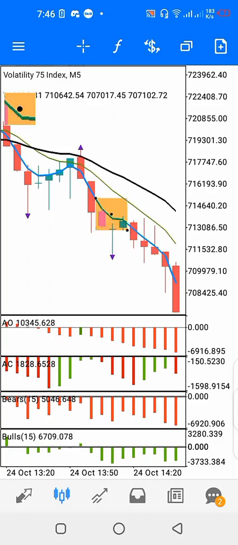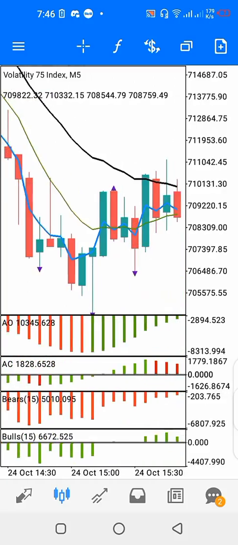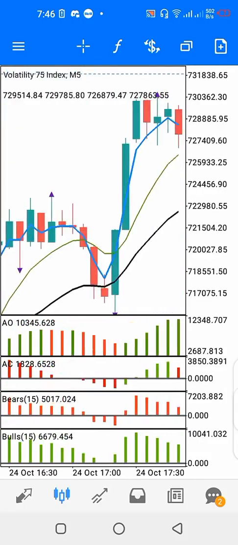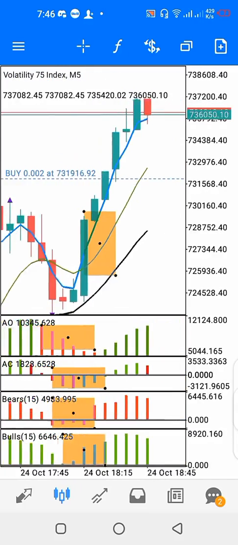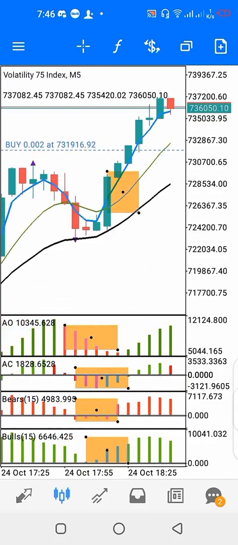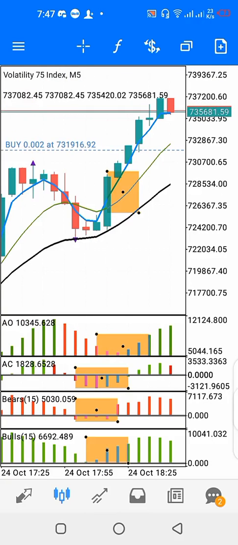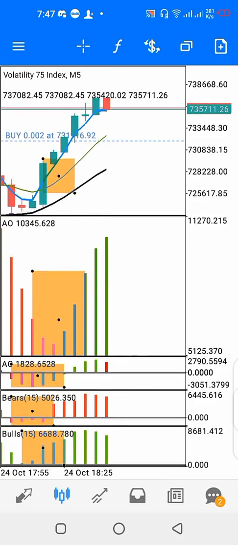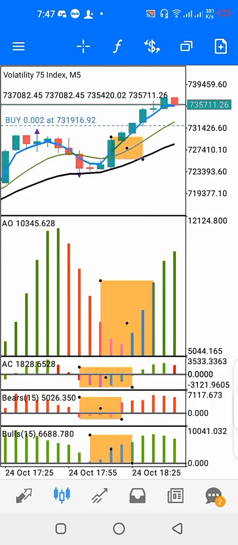And you can see price form a green bar into the lines and then drop below the lines and then form a red bar, and since then we have a downward movement of price. The opposite side is for the upward movement of price, where price starts to go up and close above the blue line.